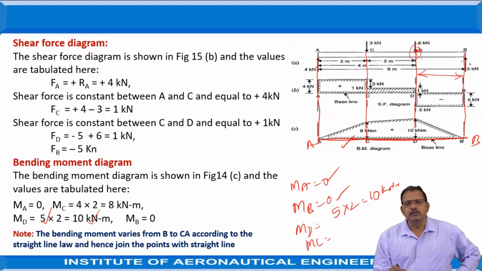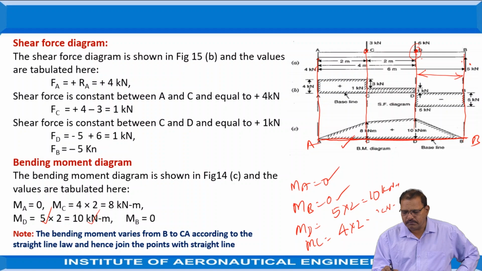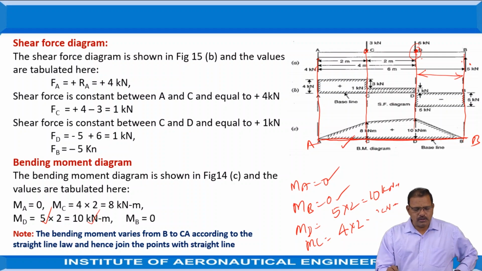Similarly, MC, the bending moment at point C, we can take the reaction at point A, which is equal to 4 kilonewtons. That is, MC is equal to 4 into the distance of 2 between these two points. Hence it is equal to 8 kilonewton meters.